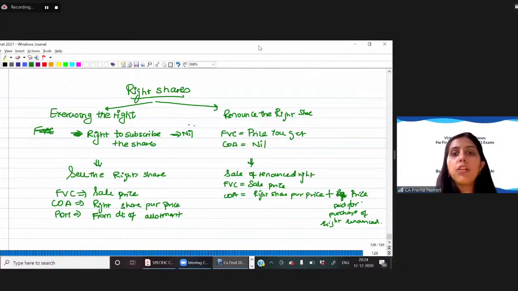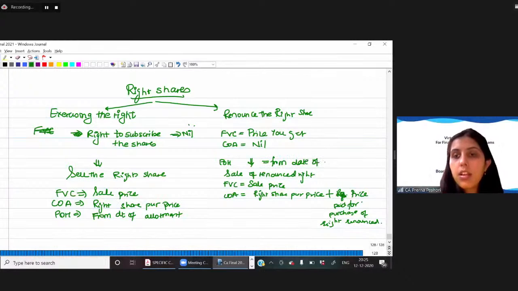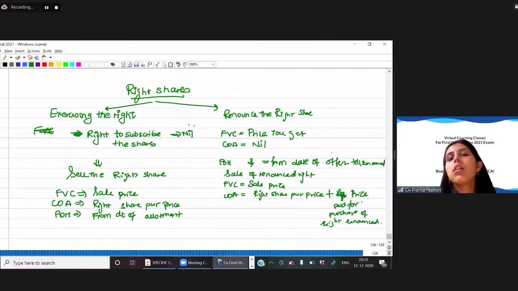And what will be the period of holding in this particular case? The period of holding is from the date of offer till the time it is renounced. Is it clear? And what will be the period of holding in the case when the renounced rights are purchased?